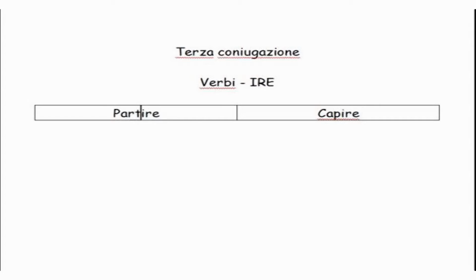This conjugation has two sets of verbs, and they are conjugated in different ways, and we have to pay attention to that. The first set are verbs like partire, and the second set are verbs like capire.